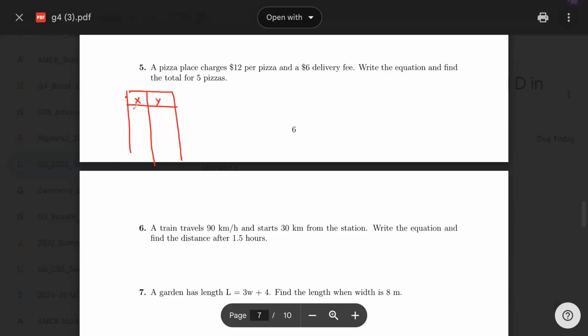Sanskriti, go ahead. For the x value, what I would do is add the 12 per pizza and $6 for delivery fee. One minute, Sanskriti. I just want what is the input quantity, what is the output quantity. I don't know the numbers yet.